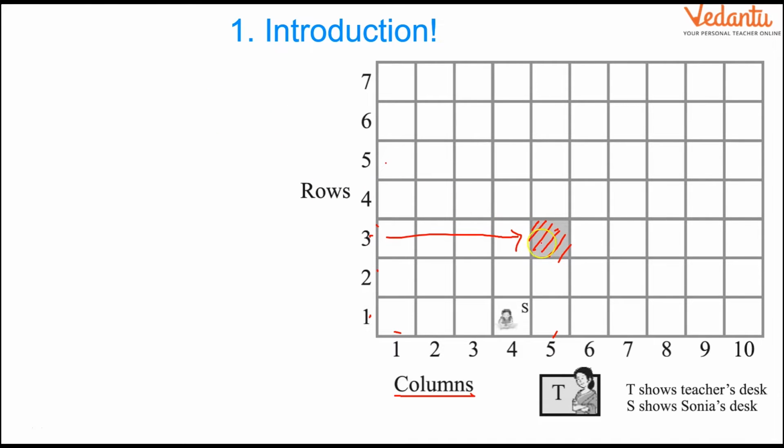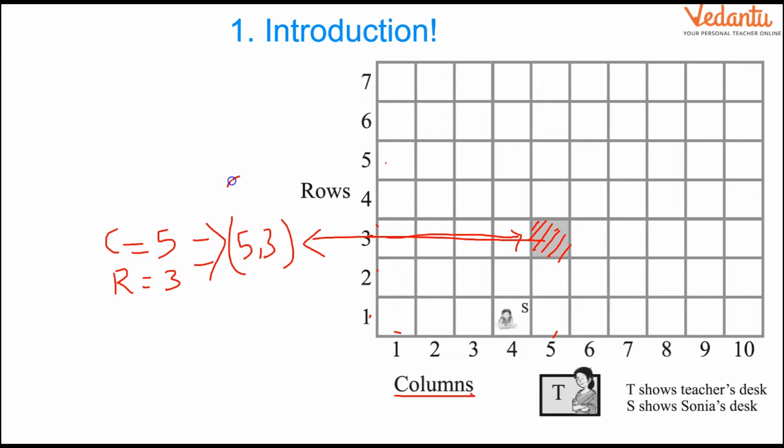Now see, if you have to tell this information to a person, you can say column 5, row 3. If you want to write it more easily, you can write it 5,3, and you will tell that person that column is always written first and then row, isn't it? Now, if you want, you can even make it row first and column second, row comma column, 3,5, isn't it?